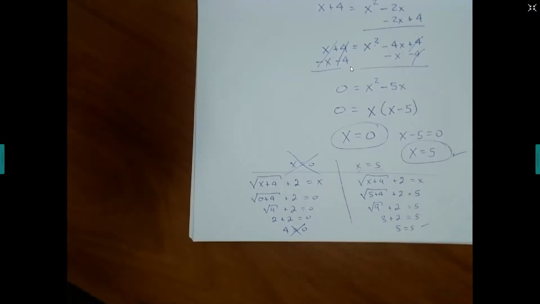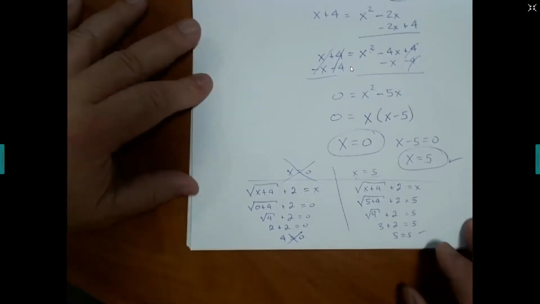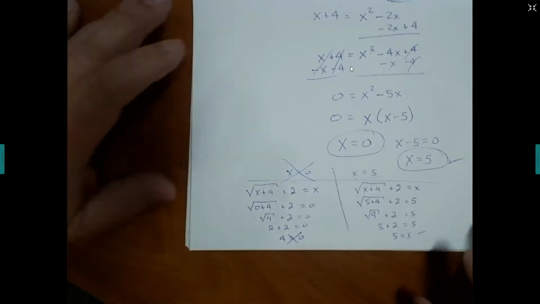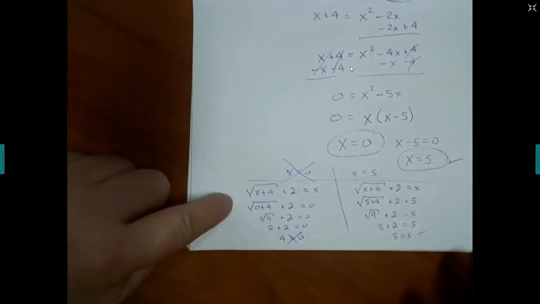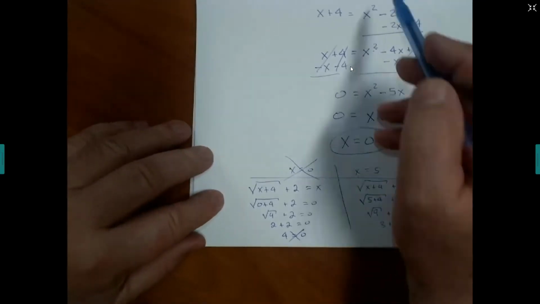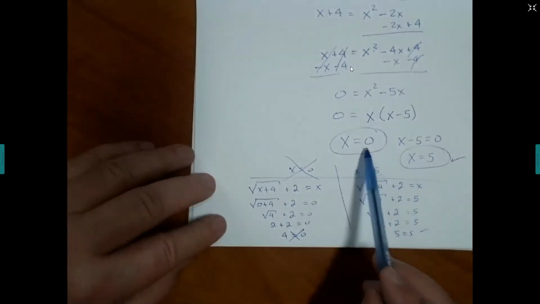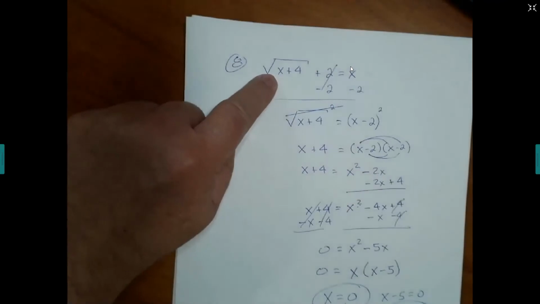Got a question? Did I lose you somewhere? Or from the beginning? Okay, where at? On this one here? Okay, so once I get to that point, I take both of these and plug them back into the original equation.